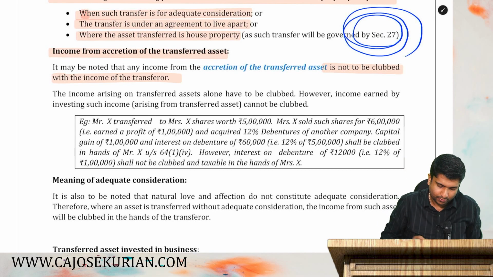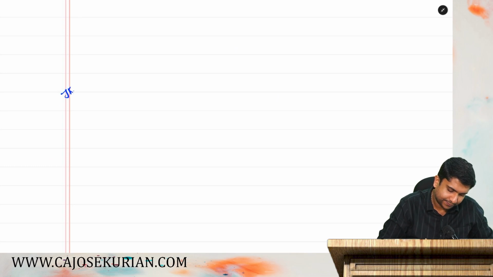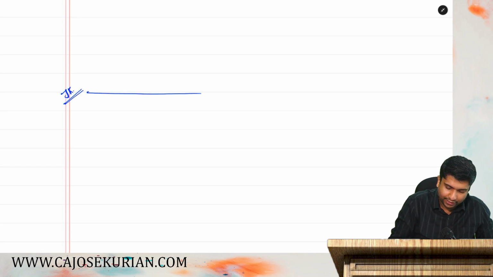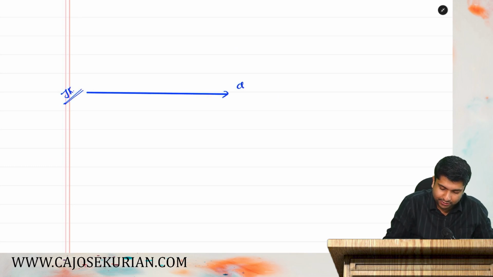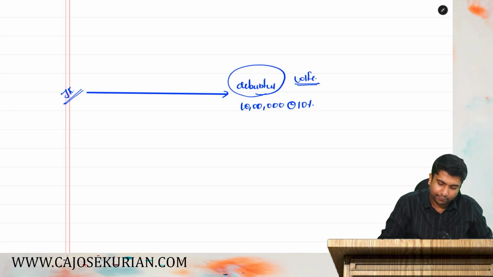Listen. Say for example, I have transferred debentures, that means 10 lakh debentures where the interest rate is 10%, in the name of my wife without any consideration.